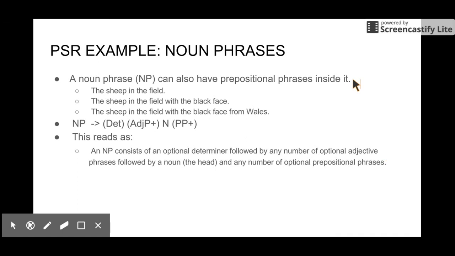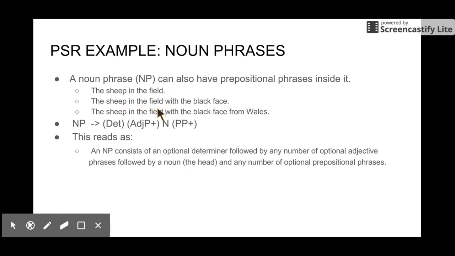Okay. A noun phrase can also have prepositional phrases inside it. For example, the sheep in the field. We have a prepositional phrase here, right, in the field. And we can have more than one prepositional phrase.